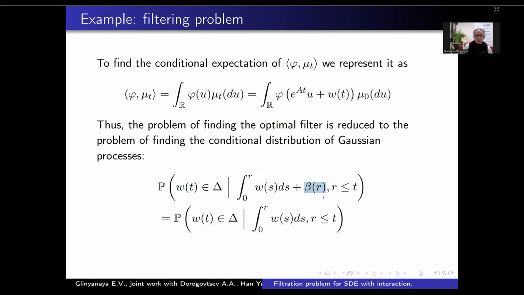So you will not get a dependence on beta.